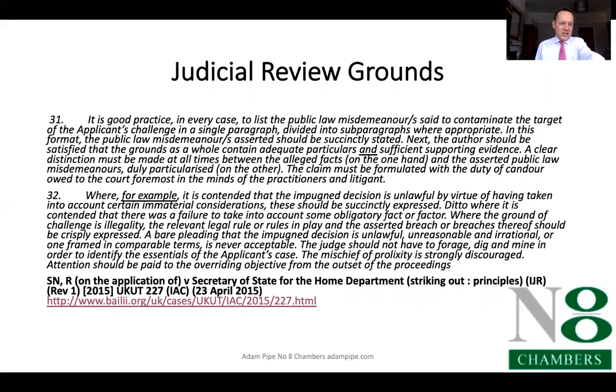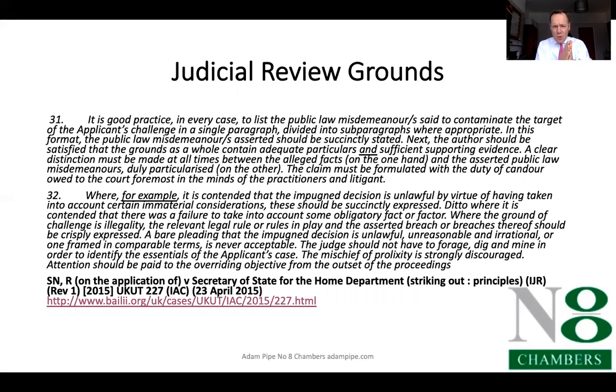So this is language in SN, the case on your screen, you recognize the language straight away. It's Mr. Justice McCluskey. And he clearly says in this, well, look, it's good practice in your grounds to list the public law errors in a single paragraph.